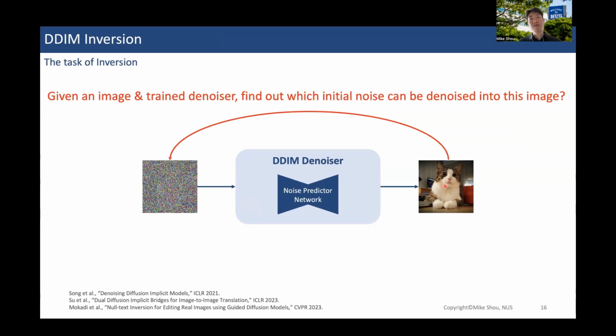So inversion is basically the inverse process. We provide this original image, and we also have this chain, this denoiser. Then we are trying to find out which initial noise can be denoised into this image. So basically, given the predicted image, we find out what the input is. This is the inversion process, or the task of inversion.